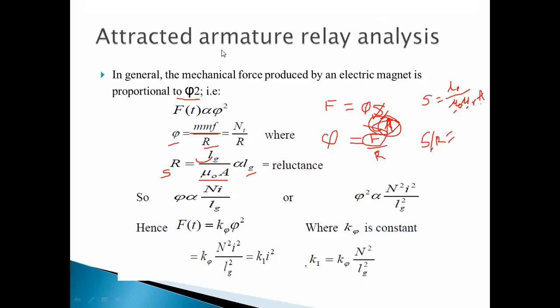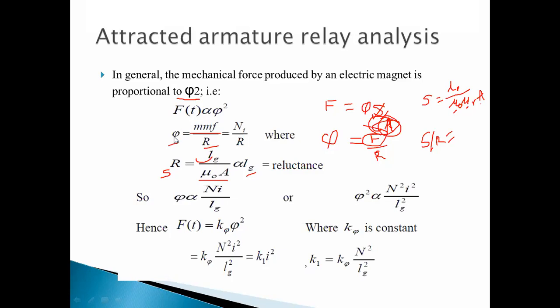Then this torque equation we have also seen. This is an important one, because many times this question is asked, the torque equation. So for the attracted armature, we have to consider the general equation for the force, then phi, then r.